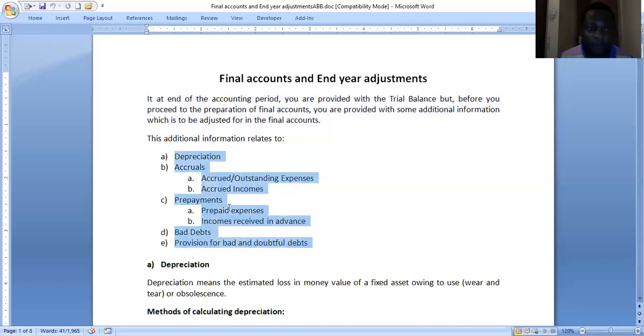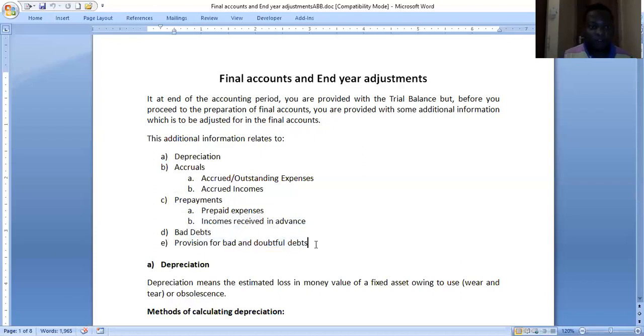So we have depreciation, we have the accruals, that is accrued expenses and accrued incomes, and we have prepayments, and under prepayments we have prepaid expenses and incomes received in advance. And then we have bad debts, and we also have provision for bad and doubtful debts.